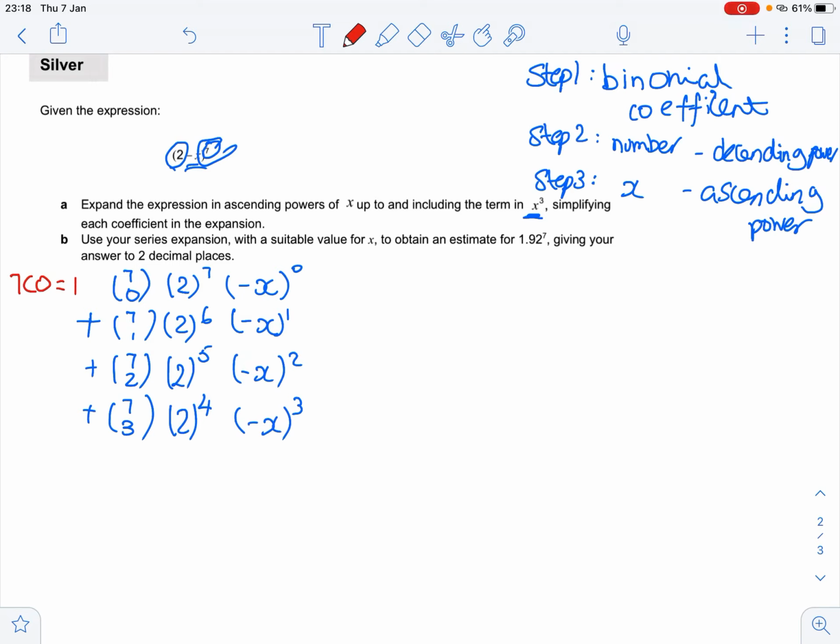So it will be 1 times 2 to the power of 7, which equals 128. Then you plus, then you type in 7C1, which equals 7. So 7 multiplied by 2 to the power of 6, then multiplied by minus x.